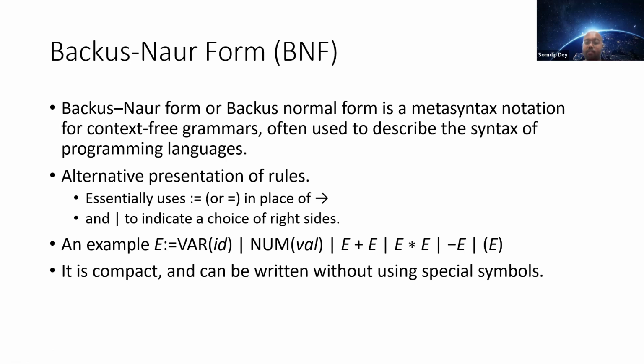as part of the grammar, you're given different production rules. The production rule could be something like E produces var ID or E produces numval, right? Now, if and when you are asked, okay, can you show us the Backus-Naur form, then it's one of the easiest ways to score quickly.